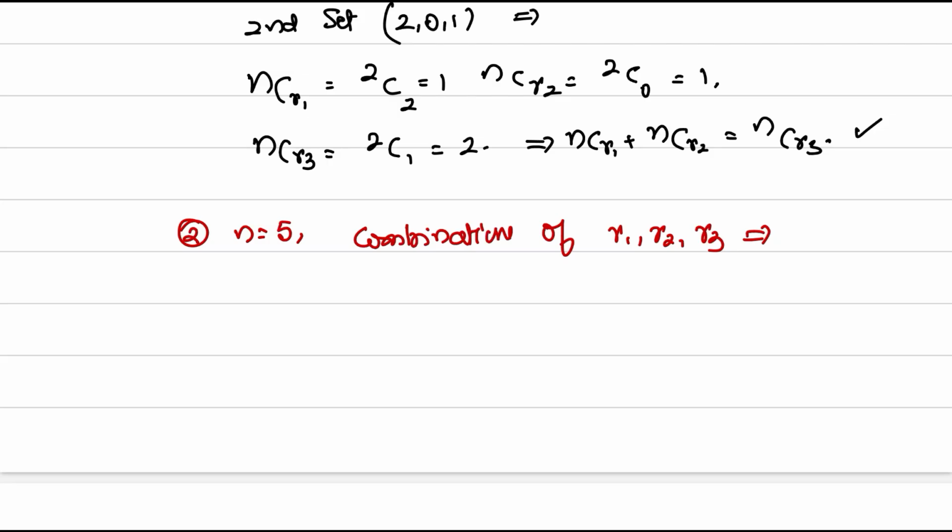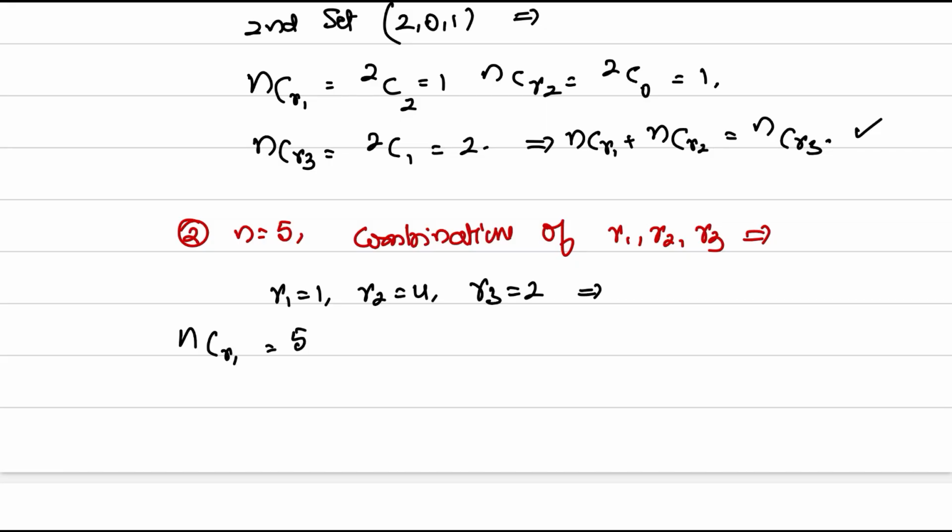Afterwards, I will explain to you. R1 is equal to 1, R2 is equal to 4, and R3 is equal to 2. Let us try this. We just put a trial.